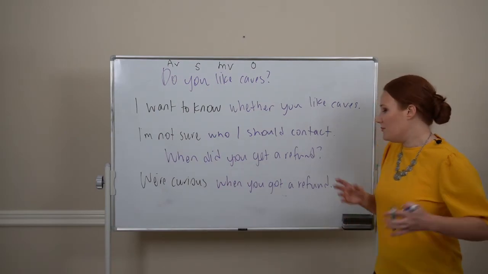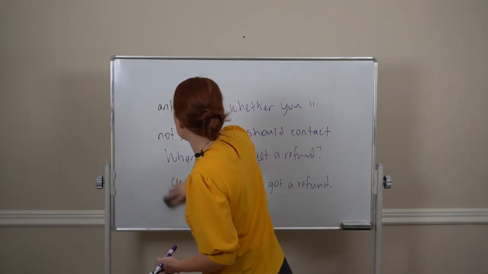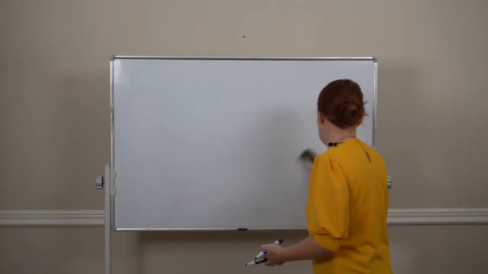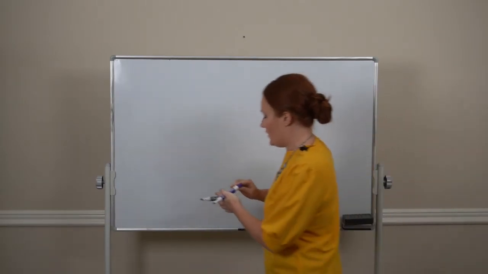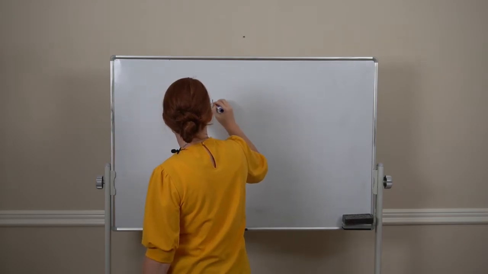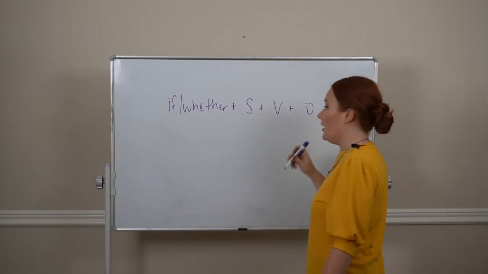All right, so because this can be kind of tricky, let me write it out for you one more time. We've got if or whether, subject, verb, object or other.